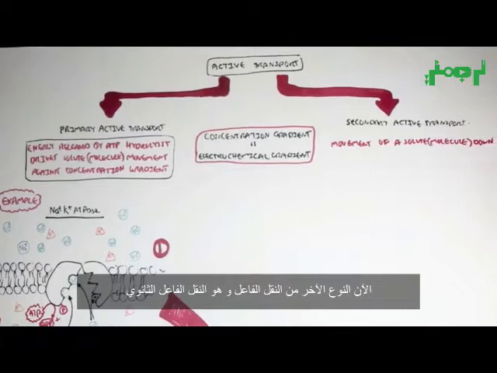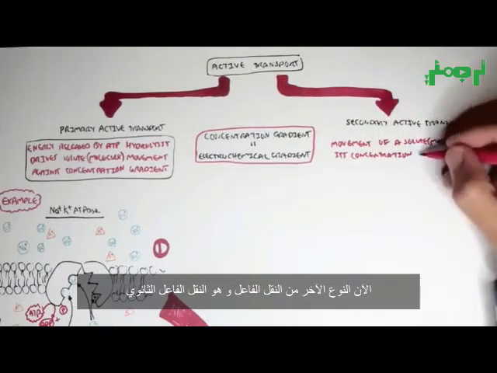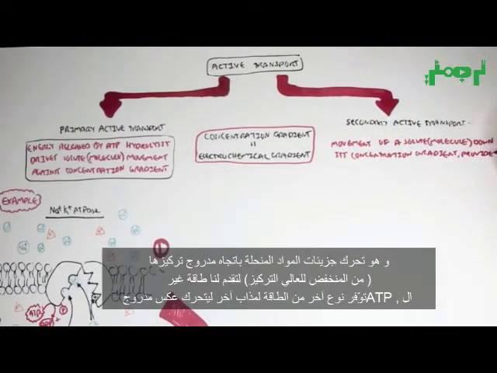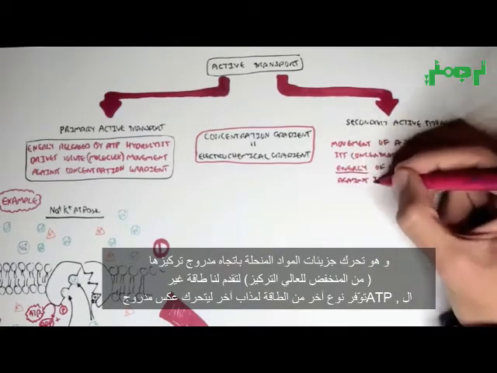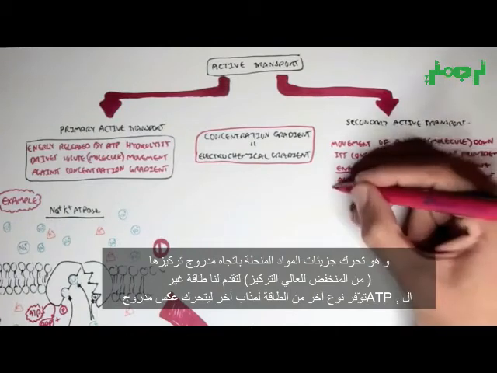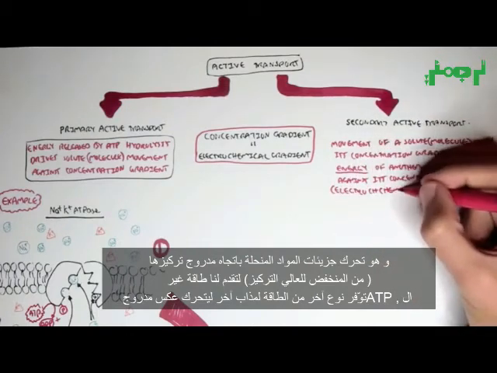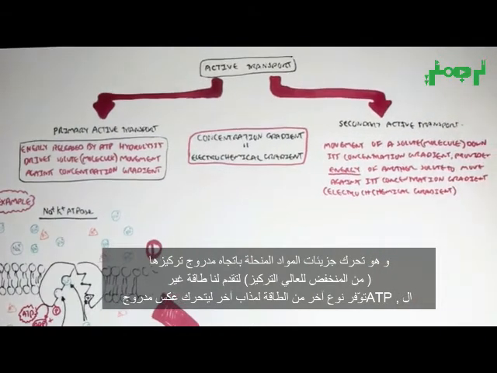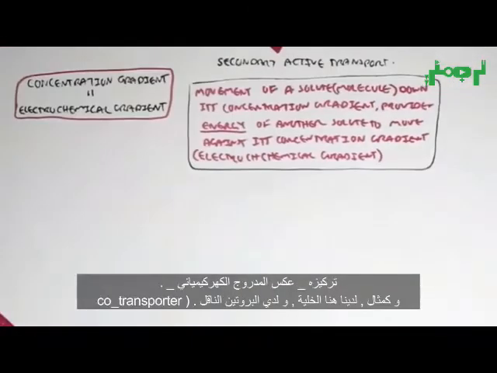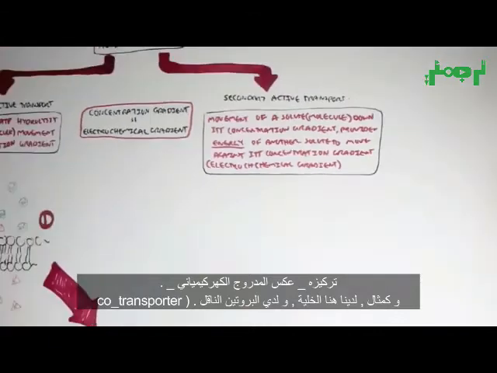Now, the other type of active transport is secondary active transport, which is the movement of a solute molecule down its concentration gradient, and this will provide energy, not ATP. It will provide a different type of energy for another solute to move against its concentration gradient, against its electrochemical gradient.